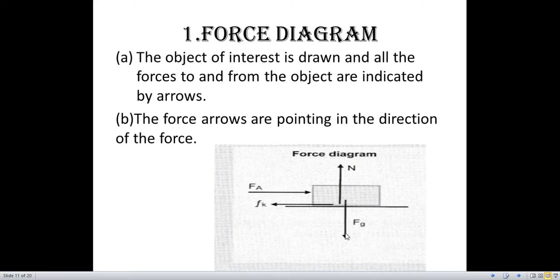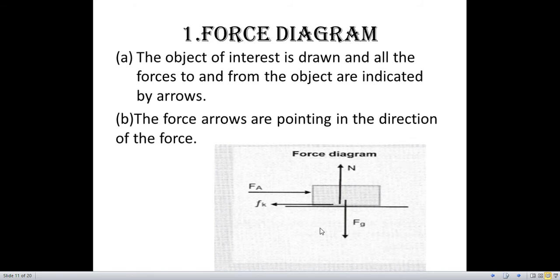The force arrows are pointing in the direction of the force. This is your force diagram. So in the exam, you can be given a scenario and then they say draw a force diagram. A force diagram, this is what you're going to present.